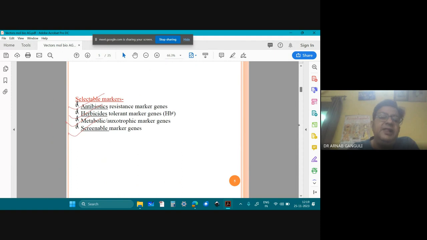So basically, among antibiotic resistance marker genes, the most important ones normally used are ampicillin, tetracycline, neomycin, and kanamycin.